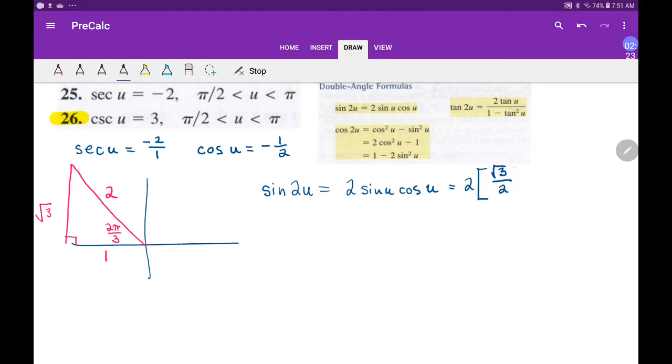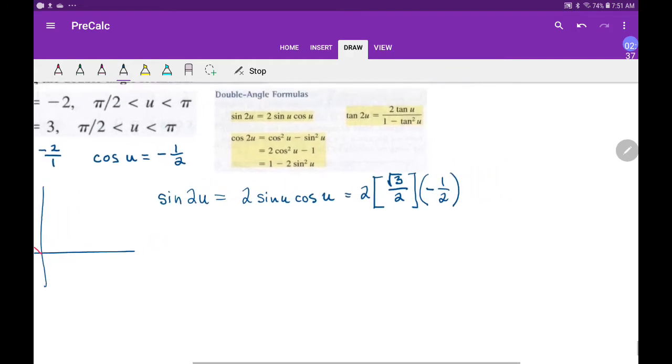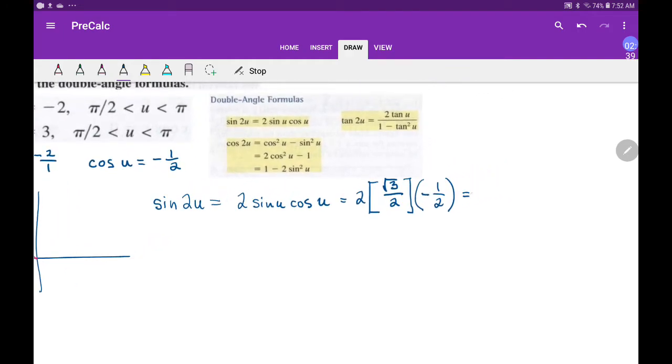That's positive. And I'm using brackets. I guess I didn't really need to use brackets. And the cosine of u, which we already know, is -1 over 2. Alright, so one of the 2's cancels. And I just get negative square root of 3 over 2.